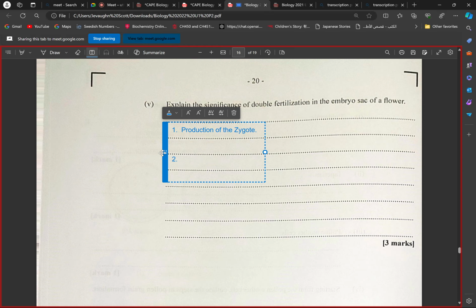The triploid nucleus. Triploid nucleus, right? So we're gonna have the endosperm, which can provide nutrients. So we're going to have the production of the endosperm.